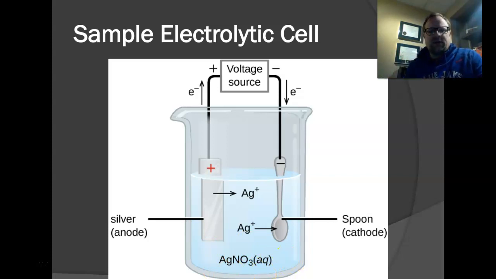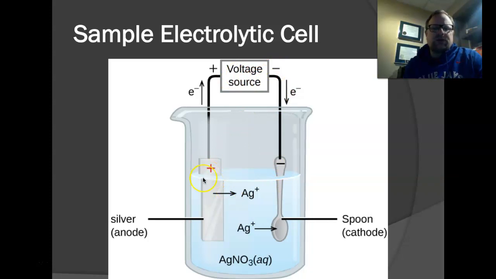So we'll have silver ions floating around in this solution, and the nitrate ions, as they've always been so far, are spectators. They're completely ignored in this situation. Notice that we've got wires hooked up. So we've got a wire that connects the silver electrode to a power source, and we've got a wire that hooks up the spoon to the power source.